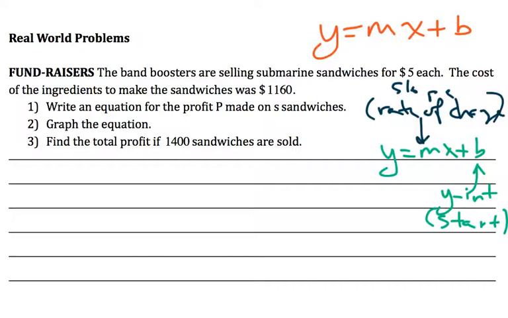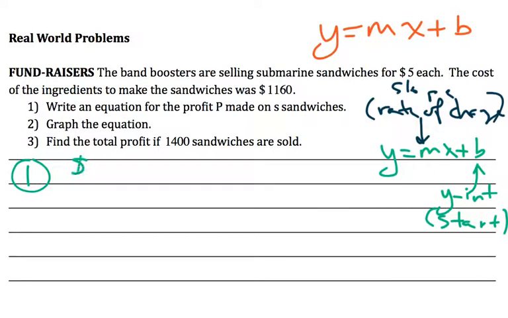So we'll write an equation for the profit P made on S sandwiches. That's the first part. We're going to have to graph it. Then we're going to have to find the total profit. So the band boosters are selling sub sandwiches for $5 each. And if I want to think about it that way, well, let's just list what we know so far.